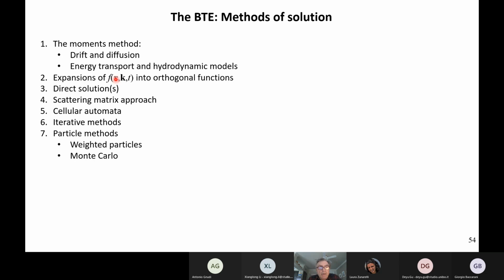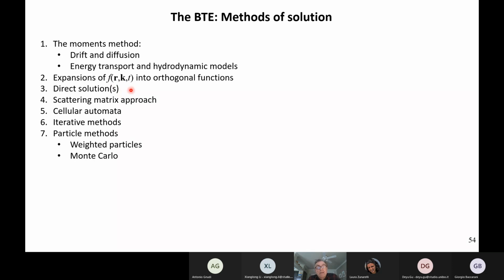For example, for a 3-dimensional device like a FinFET, you want to discretize space, take 100 points minimum per direction in real space. That would be 1 million points in real space. You have to discretize the Brillouin zone. You may take 10, but that's a little too few. I would say 100. So you get another 1 million points in the Brillouin zone, and so you get 10 to the 12 objects, and then you have to look at the time dependence.